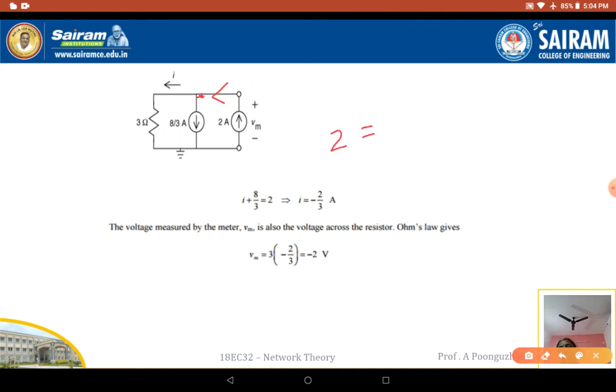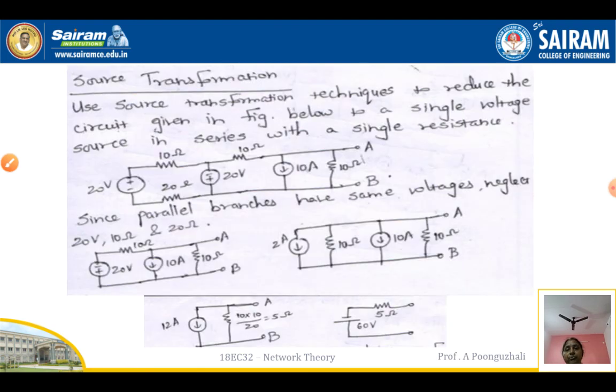Outgoing current from this node is 8 by 3 plus your I value. So I plus 8 by 3 is equal to 2. So I is equal to 2 minus 8 by 3, that is nothing but minus 2 by 3 amps. So minus 2 by 3 amps means the drop across it will be 3 into minus 2 by 3, that is nothing but minus 2 volts. So the voltage across your voltmeter is going to be minus 2 volts there.